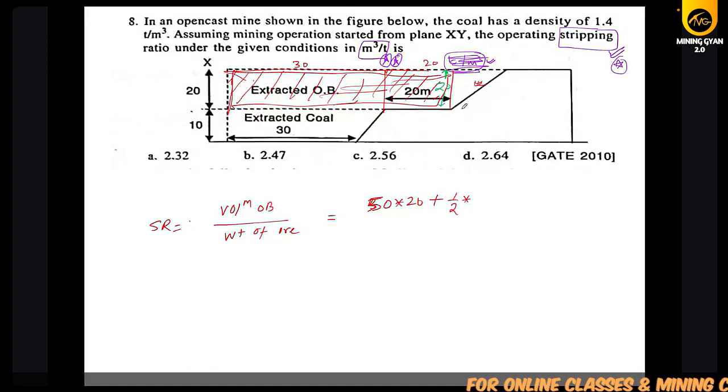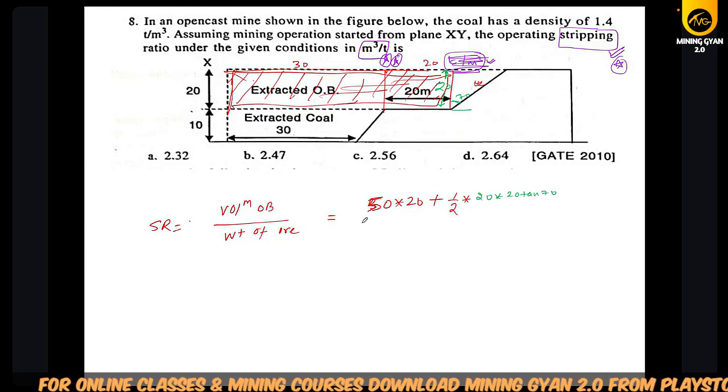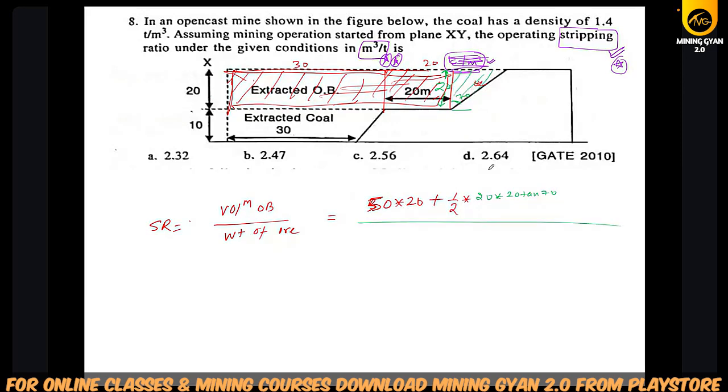And the angle, if he has not mentioned, then if we are taking 70 degrees, then 20 into 20 tan theta. So we will get the area up to this. And if we take the thickness as T, then we will get the volume.